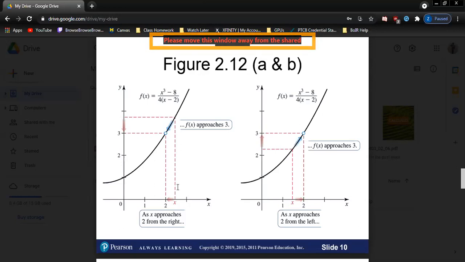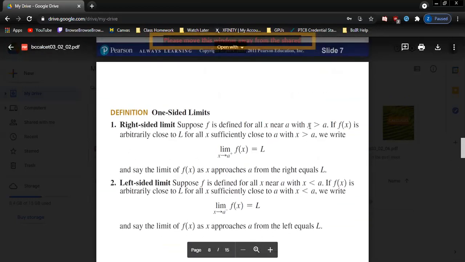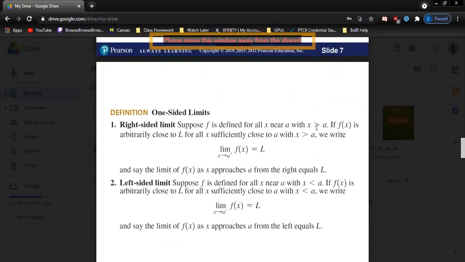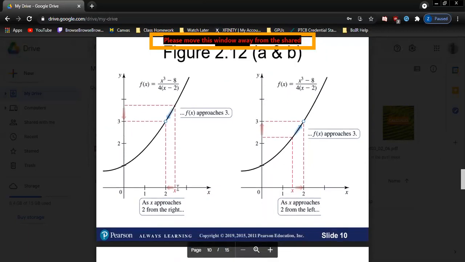They're trying to show that this x, whatever this x is, is actually greater than 2. If you remember the definition, there you go. This x had to be greater than that value which you're approaching. So this is trying to signify that. It's not really trying to point out anything precisely, for example, 2.5 or 2.